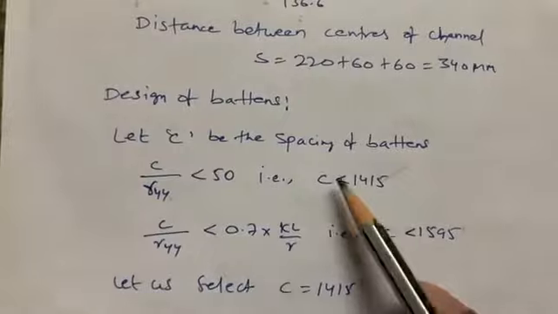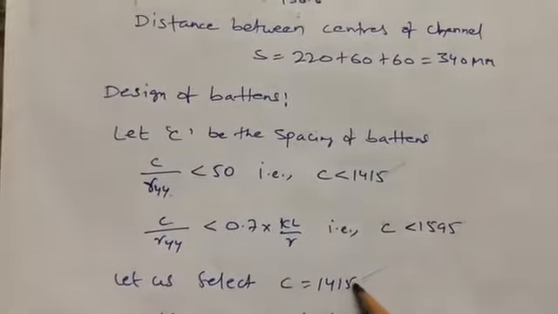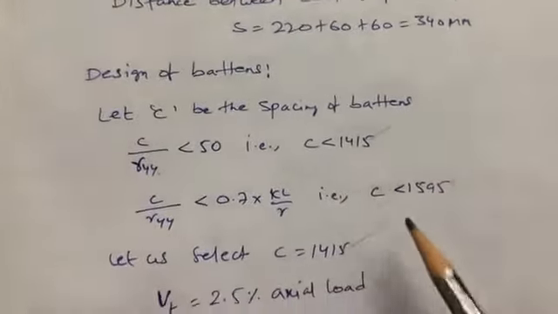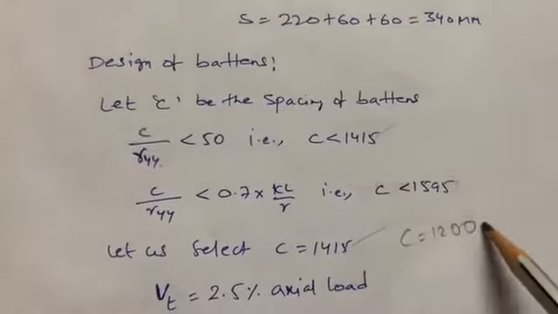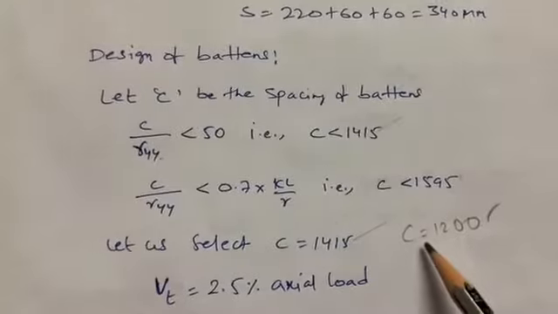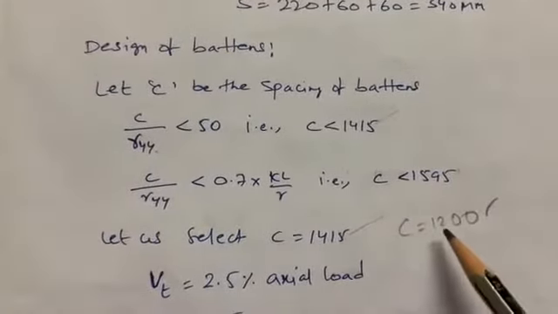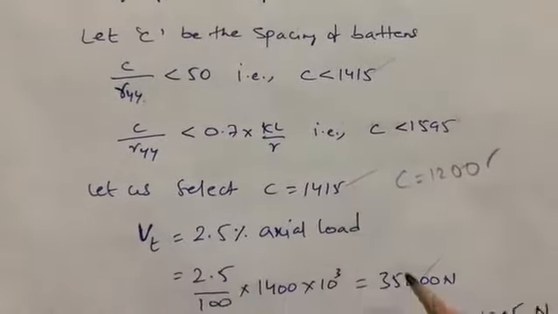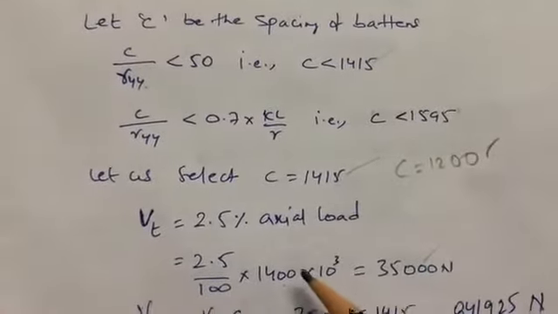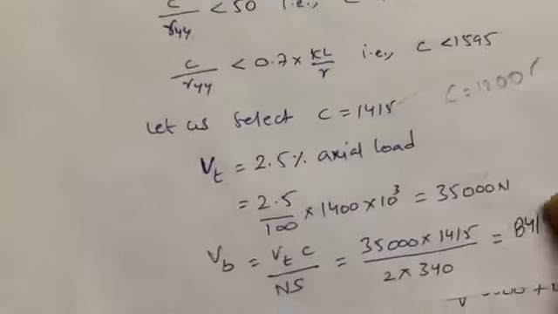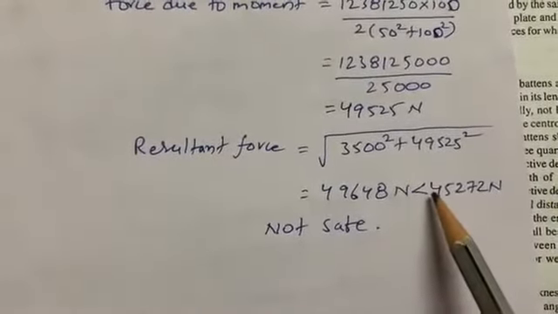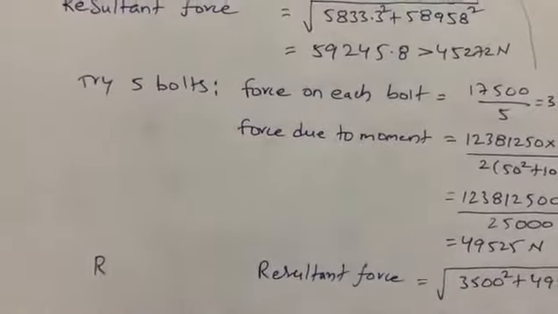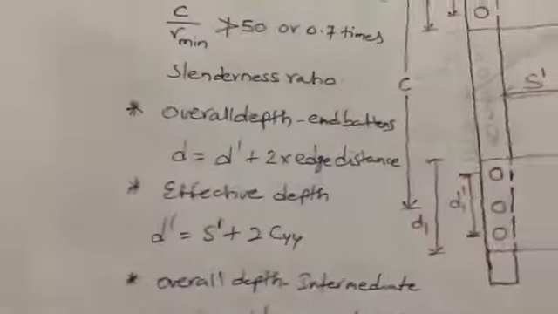We provided the spacing of the batten C as 1415. If you reduce this value, automatically you will get the strength value. If you take C equal to 1200, replace the 1415 value with 1200, and you will get a lesser value for this. Like that you need to design the batten column problem.